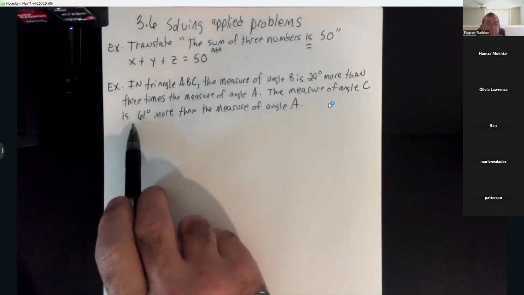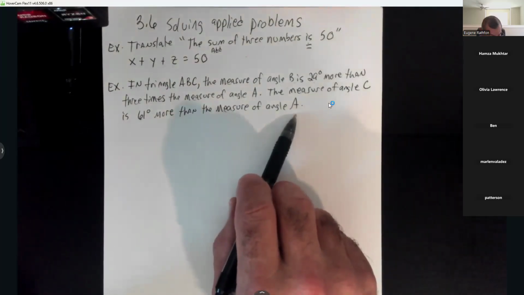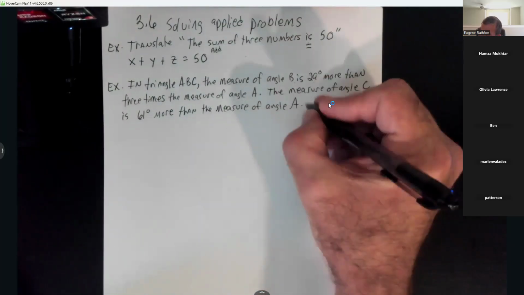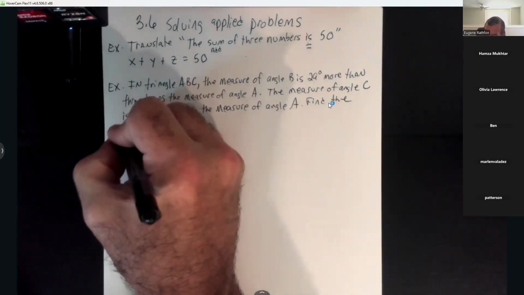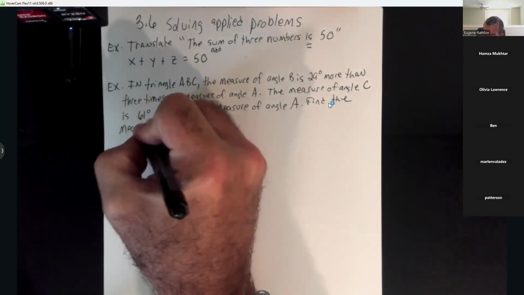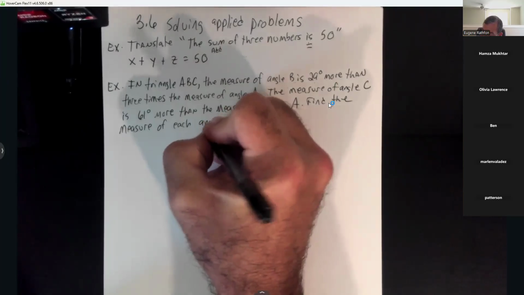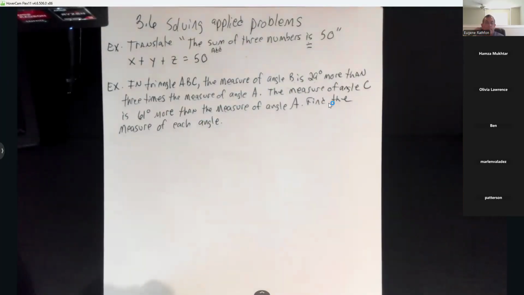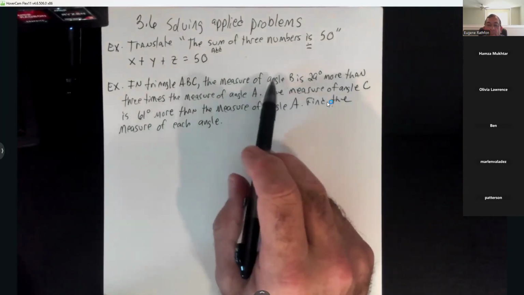So angle C is going to be 61 degrees more than the measure of angle A. Then it says find the measure of each angle. So let's interpret this first one.